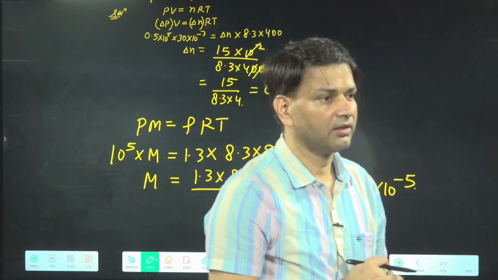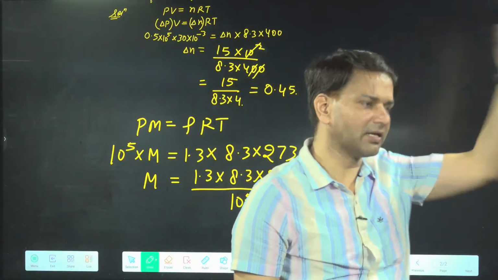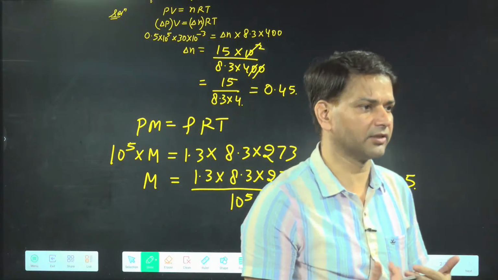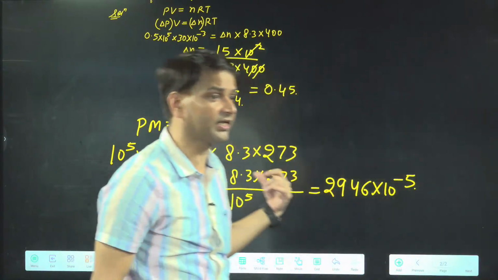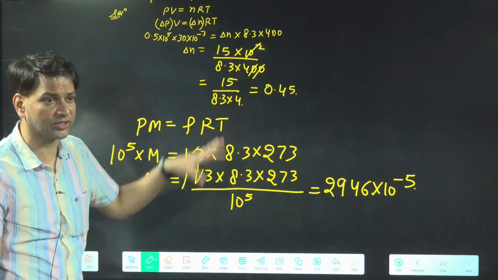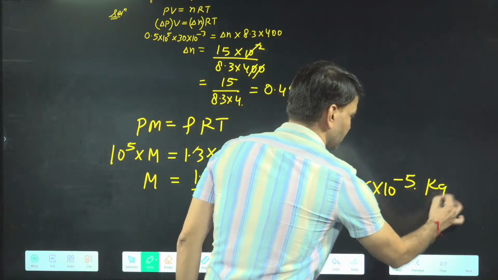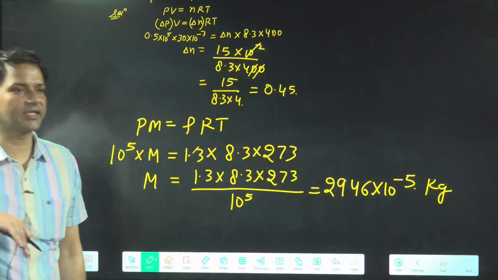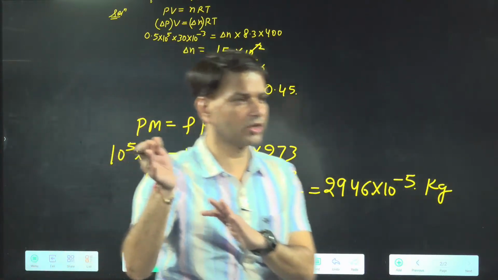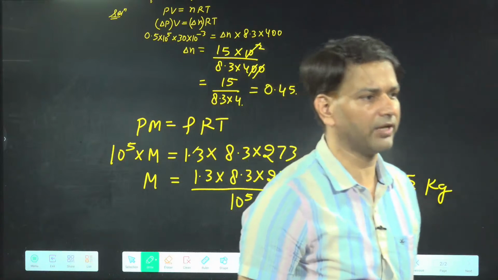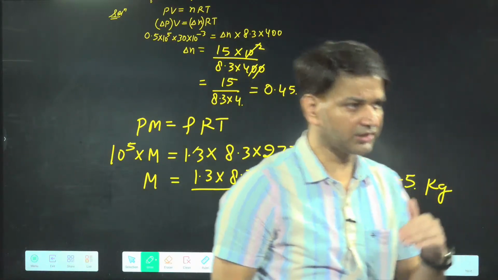To calculate the moles, we take the mass in grams upon molar mass. But here capital M we are getting in kg because all units we are using are MKS. So the answer you will directly get in kg. You can convert it into grams by multiplying with 10 to the power 3, but first the answer you will get in kg.